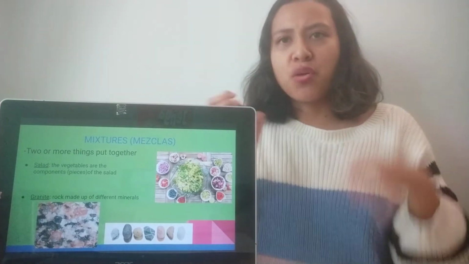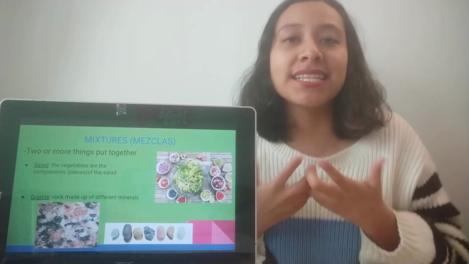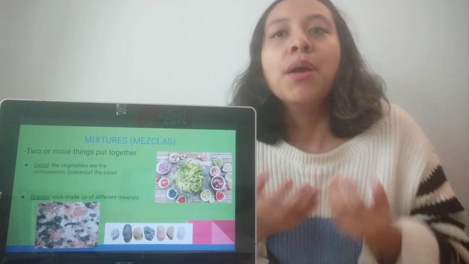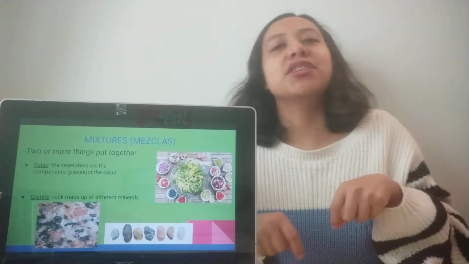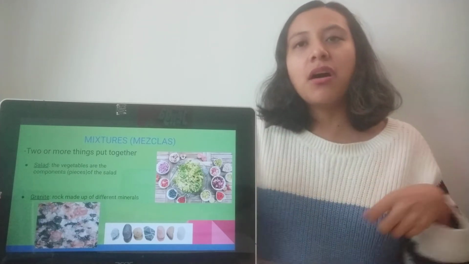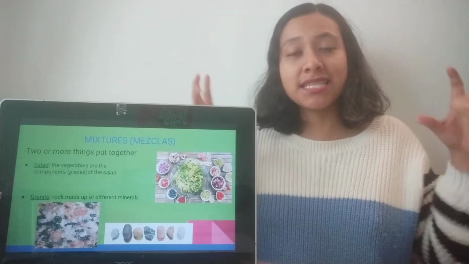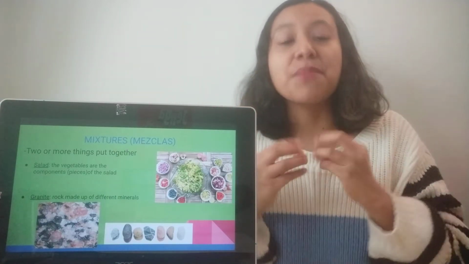Mixtures are when you combine a lot of things and you mix them together. So for example, a salad is a mixture, okay? Because you put tomatoes and you put onions and you put maybe strawberries and you mix it all together. It's one thing at the end, salad, but you mix different things, okay? It's a mixture.